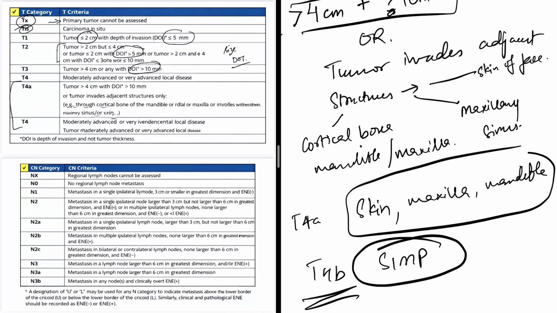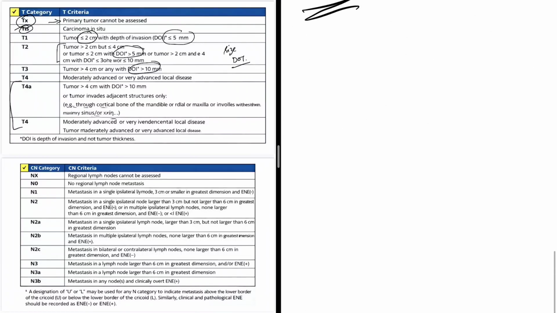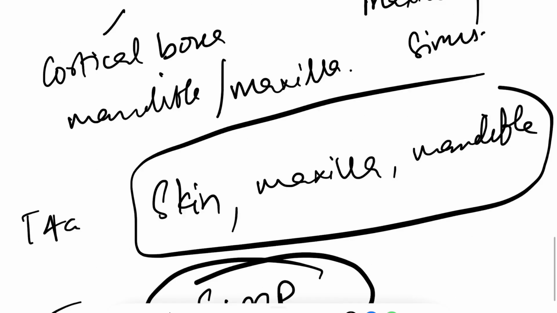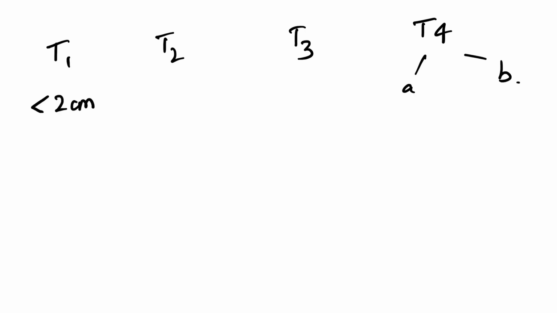I hope that makes the T staging clear. So let's just revise it once again. Keep revising with me. We have T1, T2, T3, T4A, B. T1 is less than or equal to 2 centimeter with depth of invasion less than or equal to 5 mm.